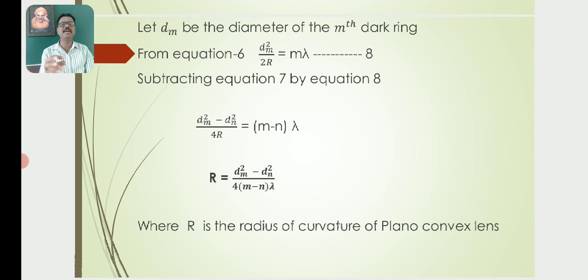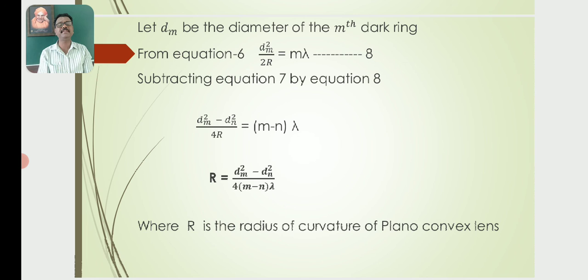Let dm be the diameter of the mth dark ring. Then equation 6 becomes dm square by 4R equals m lambda. Let this be equation number 8. Subtracting equation 7 from equation 8, we get (dm square minus dn square) by 4R equals (m minus n) into lambda.